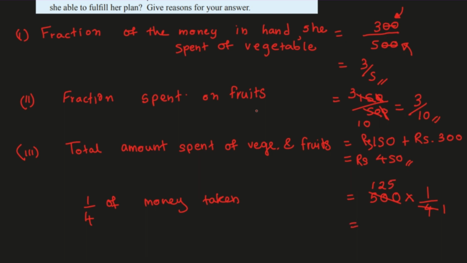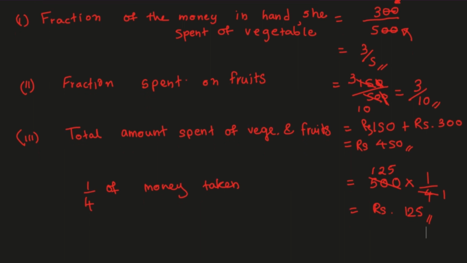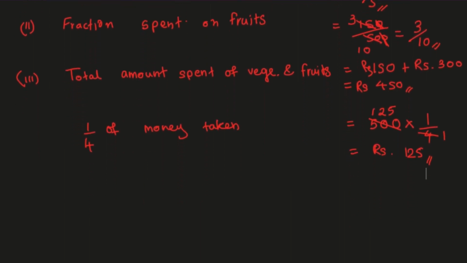So one fourth of the money that she had taken to the market is 125 rupees. She had spent 450 rupees total for fruits and vegetables. So what will be the remaining amount that she would have?